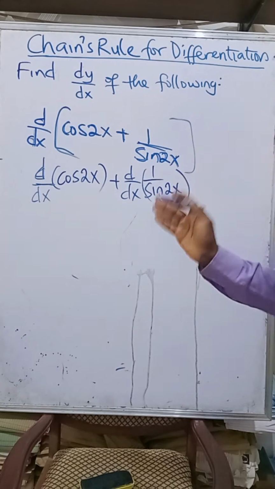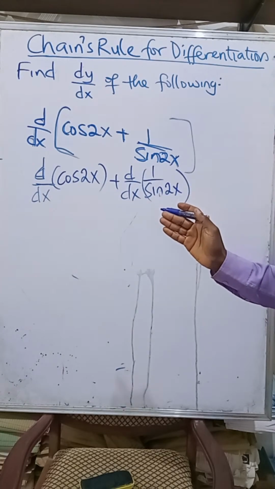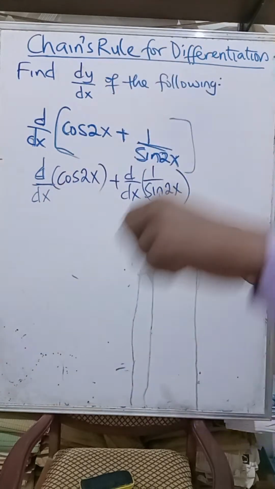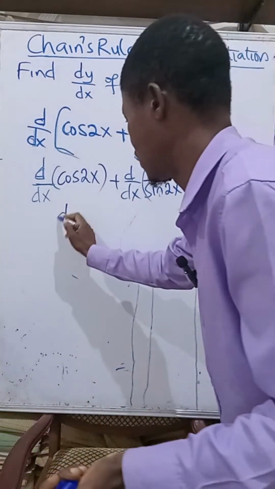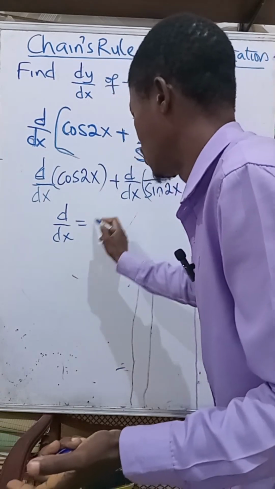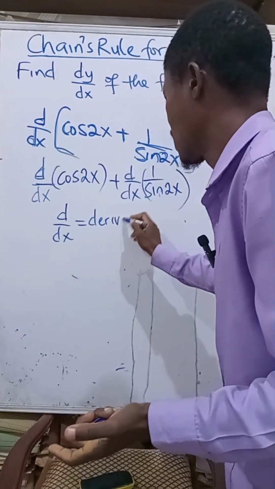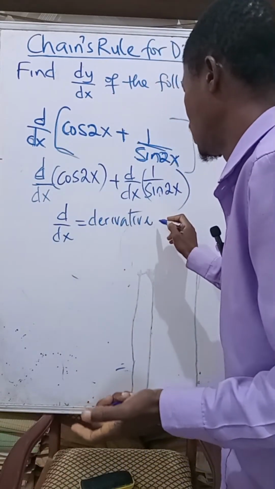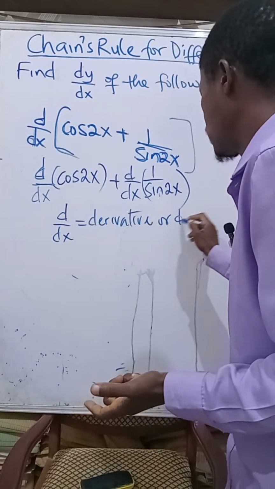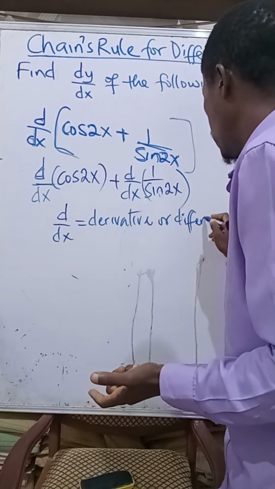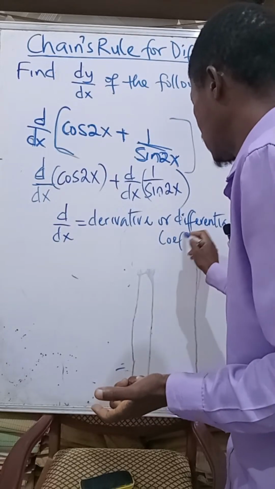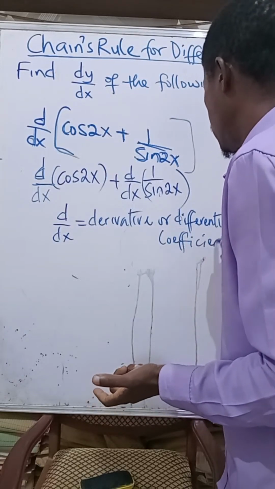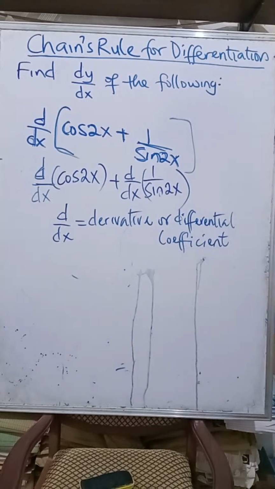Derivative is the same thing as differential coefficients. You can call it derivative, or you can also call it differential coefficients. They are the same thing.